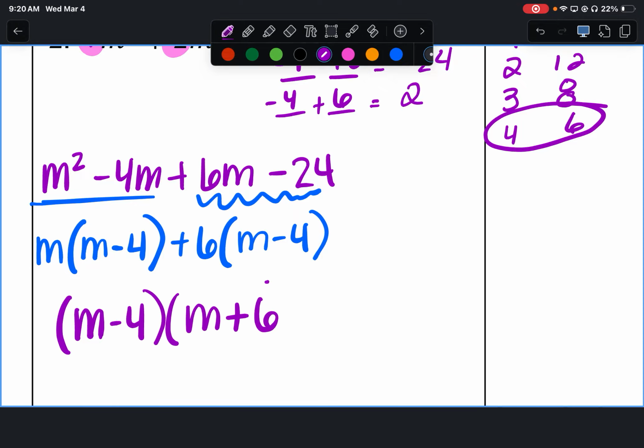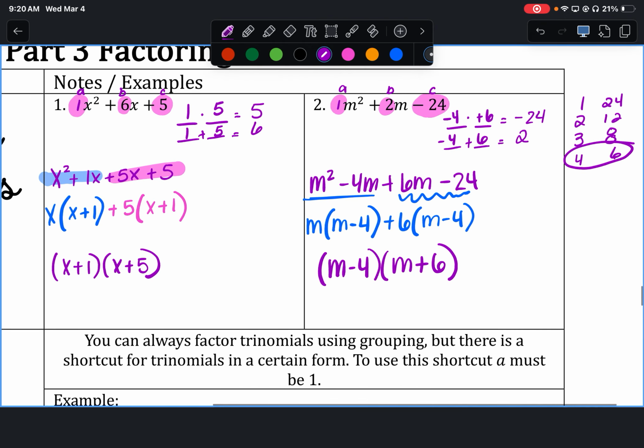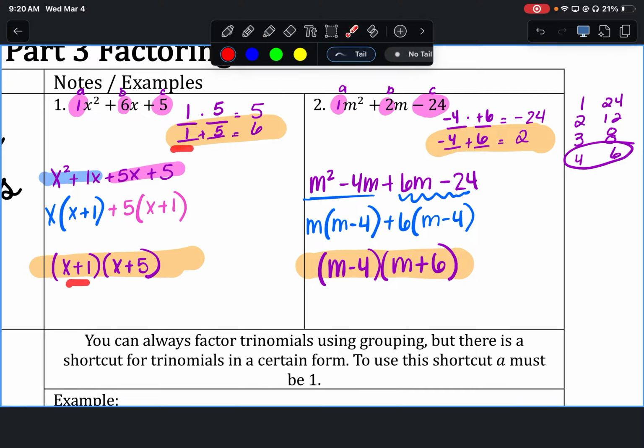So the reason factoring trinomials when A is 1 is its own lesson is because there's actually a shortcut we can use, but we can only use it when A is 1. If you look at the factors that we find and our answer in factored form, what do you notice about the numbers that it uses?